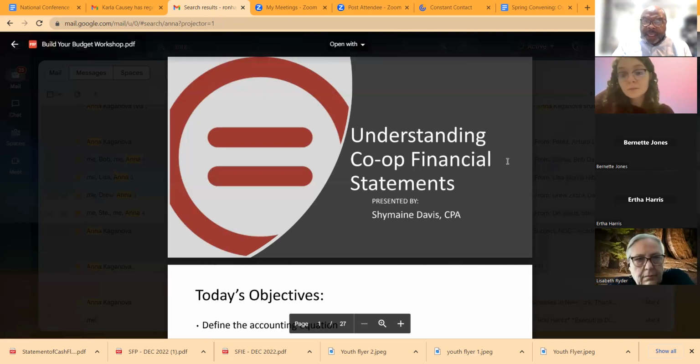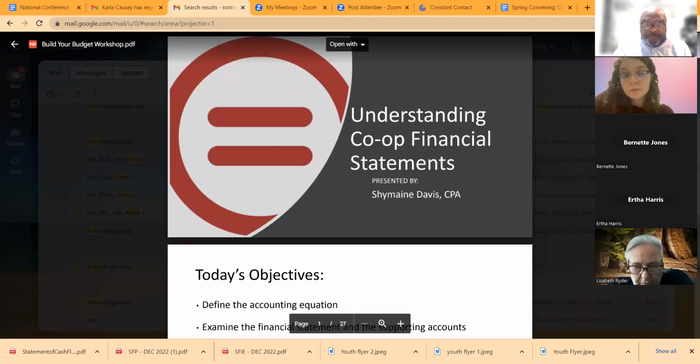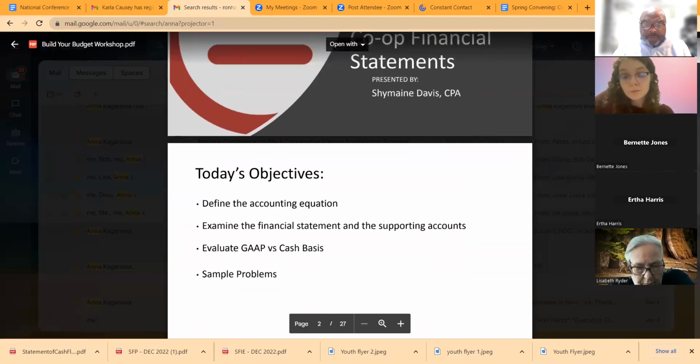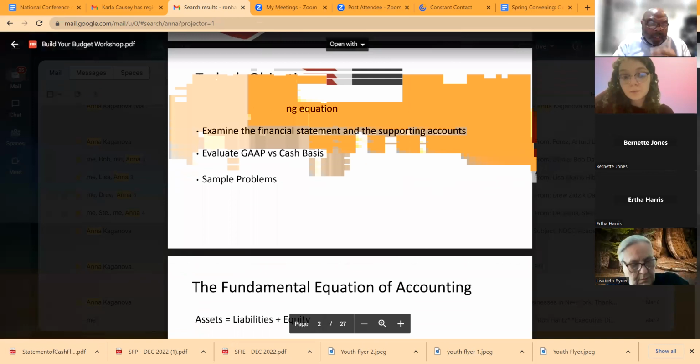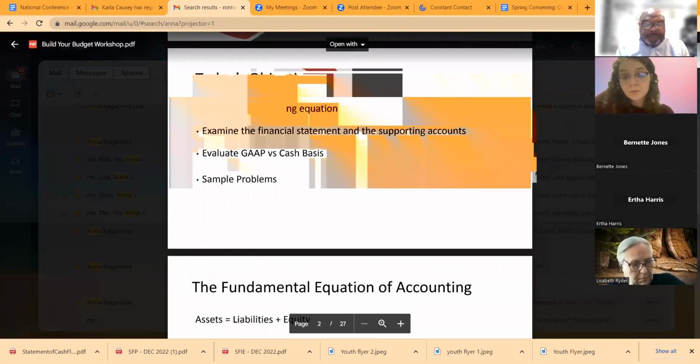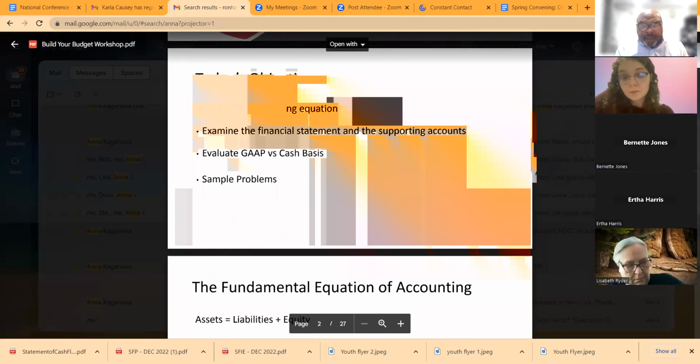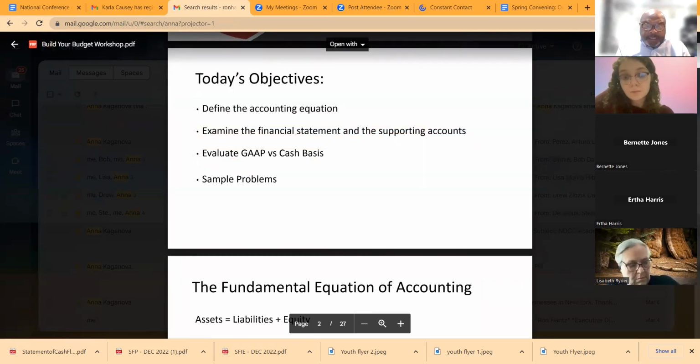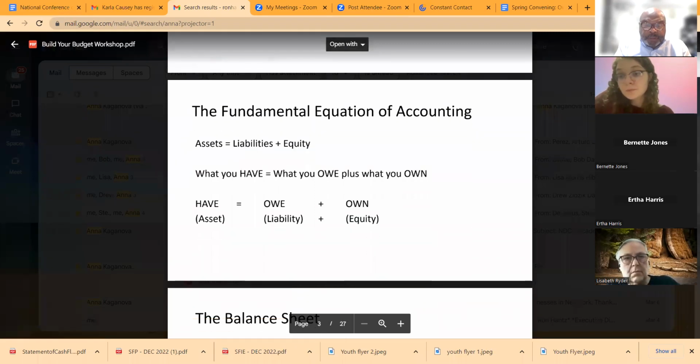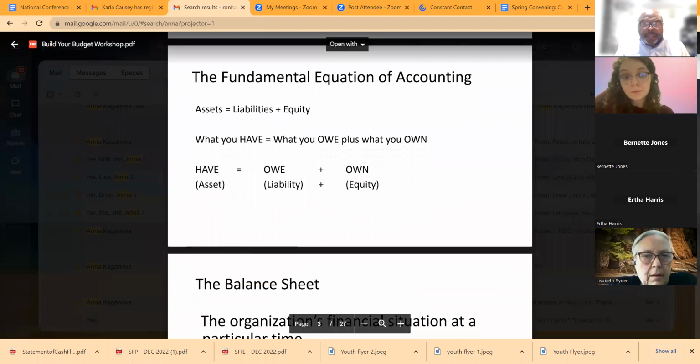So I'm pitch hitting today, and I just wanted to take you through a couple of things that she's laid out for me to do in terms of today's objective: define the accounting equation, examine the financial statement and supporting accounts, evaluate GAAP versus cash basis, and hopefully we'll get down to the sample problem.